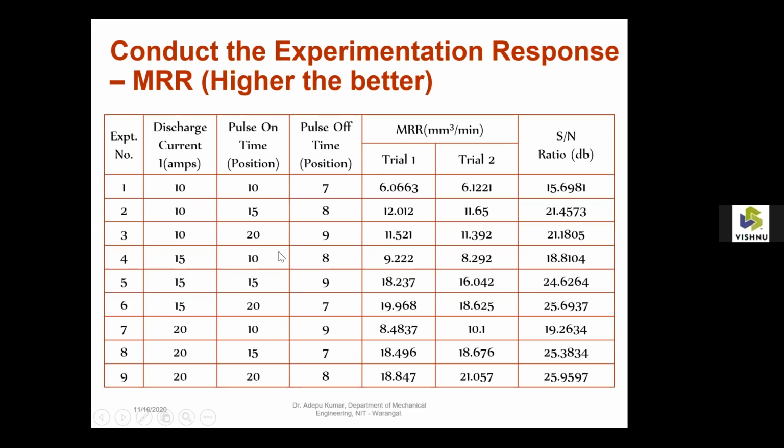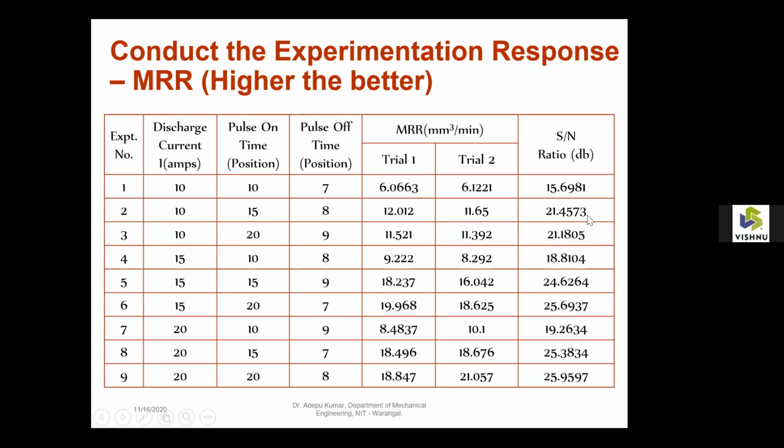Suppose, for example, let us say B1, where B is the pulse time. B1 is the level of B at 1. Then the first experiment, fourth experiment, and seventh experiment values, this plus this plus this, total divided by 3, will give B1.